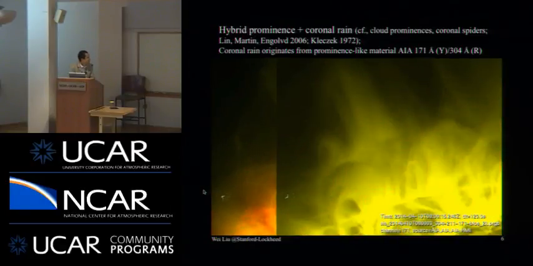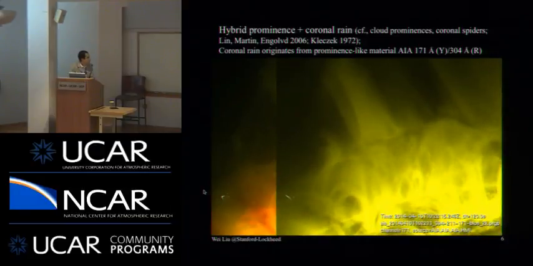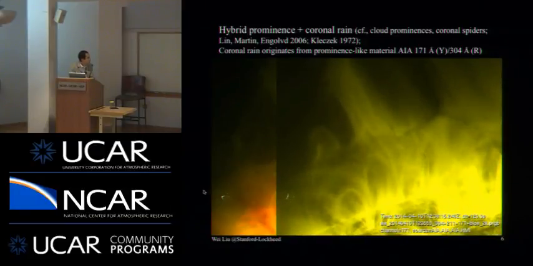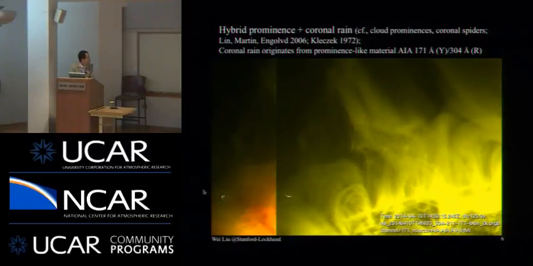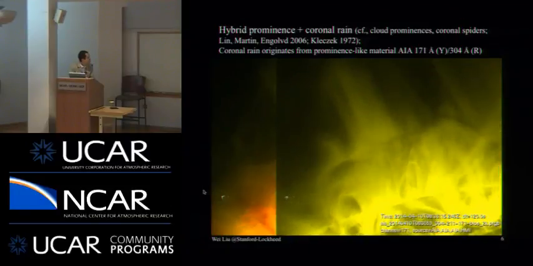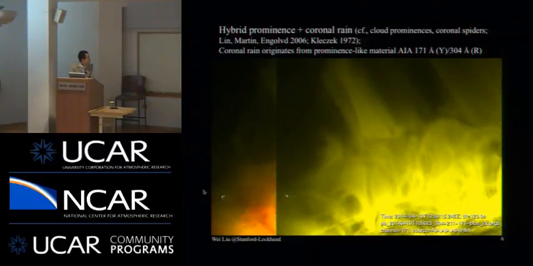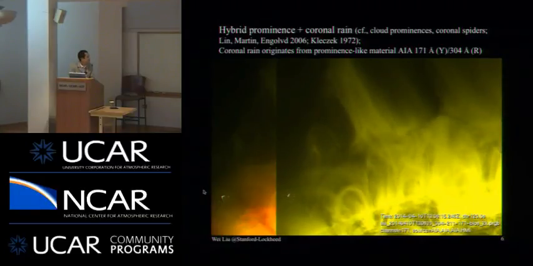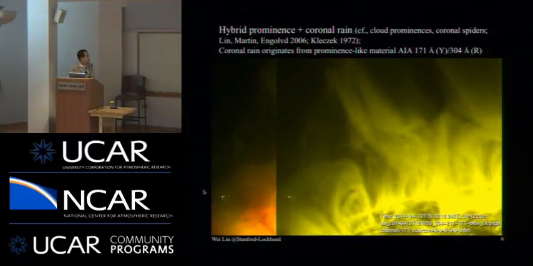And here's what we see from 171 alone. You can see better the loops underlying them, and there's seemingly open field. But the boundary between these two regions is pretty sharp, and that's where this prominence material is formed.